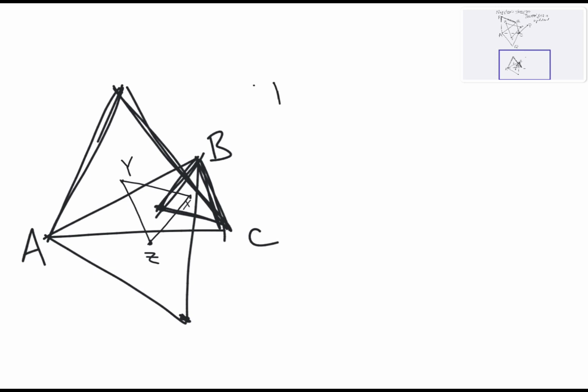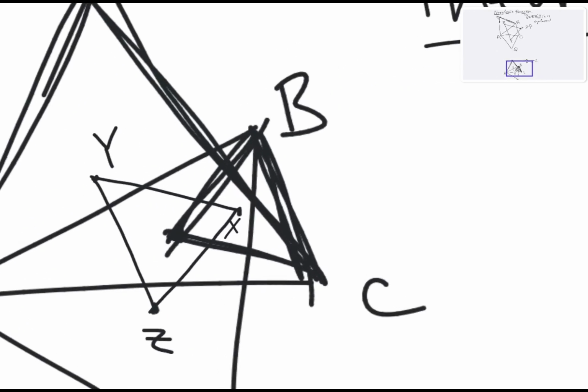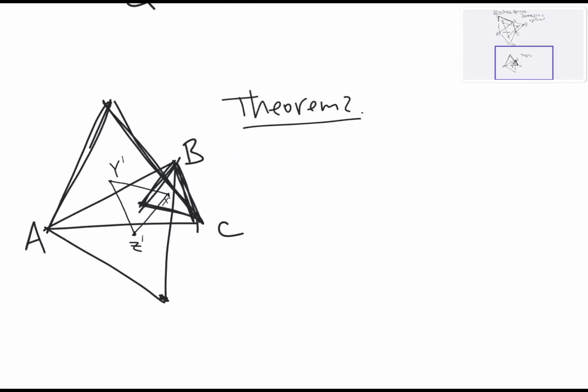So theorem 2. Let's denote them X prime, Y prime, and Z prime. So theorem 2 says that X prime, Y prime, and Z prime, the triangle, is also equilateral.